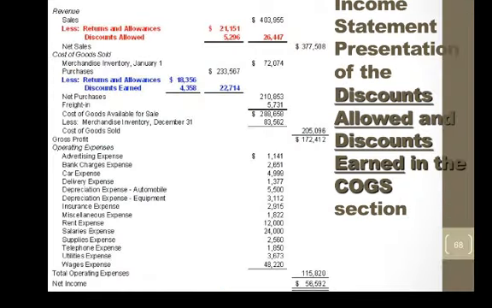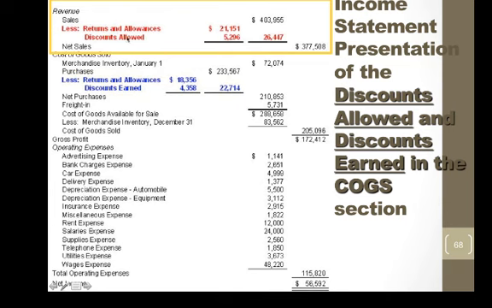Okay, let's look at the income statement now. Here we have the revenue section. Okay, so this is the income statement for a merchandising company. We start with revenue. Remember, revenue minus expenses is our income statement that we're used to seeing for a service company. Now we have sales, and we're going to subtract returns and allowances, which we did in the last video.